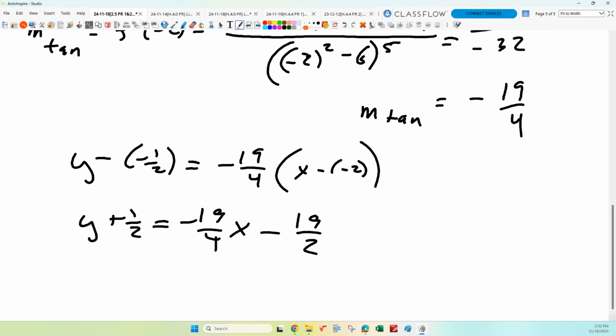Right? Subtract 1/2 from both sides and get y equals -19/4 x. -19/2 minus another half would be -10, -20/2. So there's my tangent line.